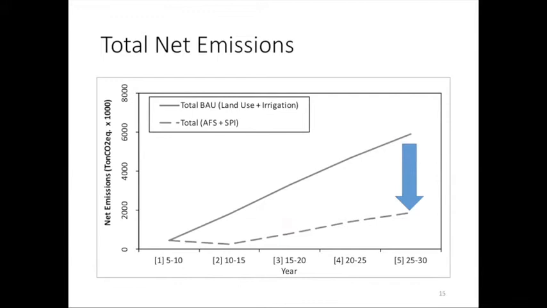So the total net emissions will become like presented in this plot, showing that there is a great potential to reduce emissions by the combination of the agroforestry system plus the solar power irrigation, in comparison to the traditional slash and burn agriculture and fuel irrigation schemes.